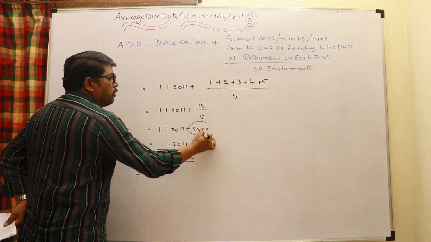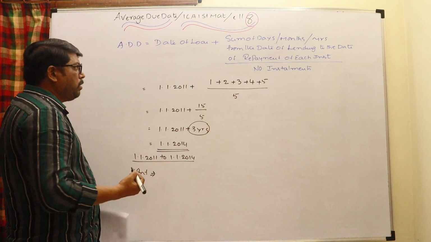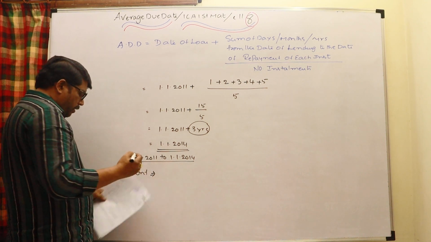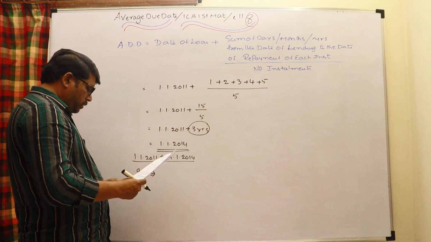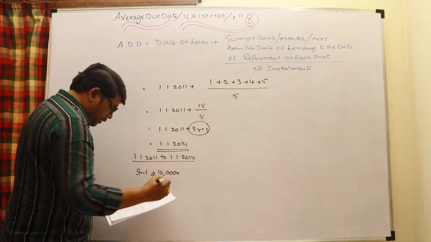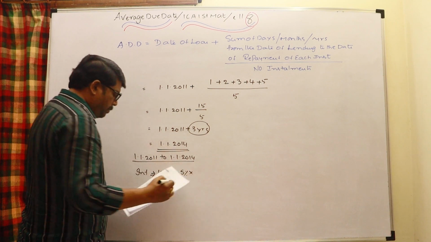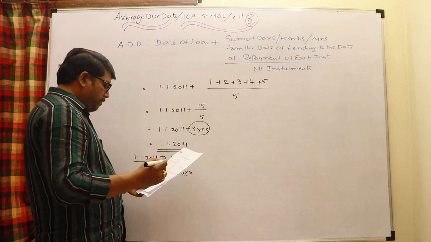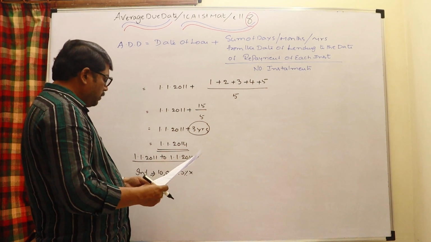You can say you have to calculate for this average period, and then simply calculate the interest. The amount we have taken is 10,000 rupees, the rate of interest is 5%, or 5 by 100, for the average period of 3 years.